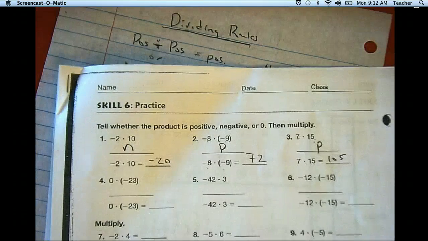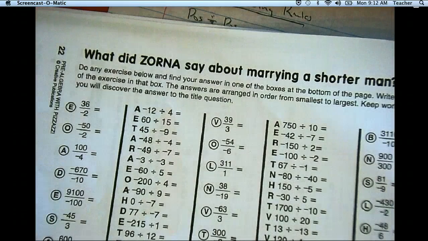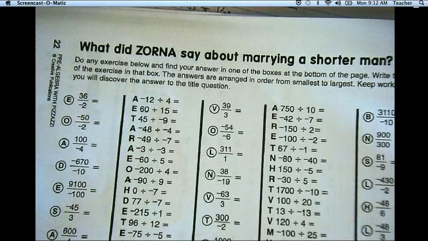Skill 6 is multiplying integers, and then skill 7, which is on the back side of that, is dividing integers. And I'd also like you, if you can, to try and do page 22, which is all these problems right there. If you don't get it done, you're going to have more homework for Wednesday. So I'd try and get as much of this side 22 done as possible also.